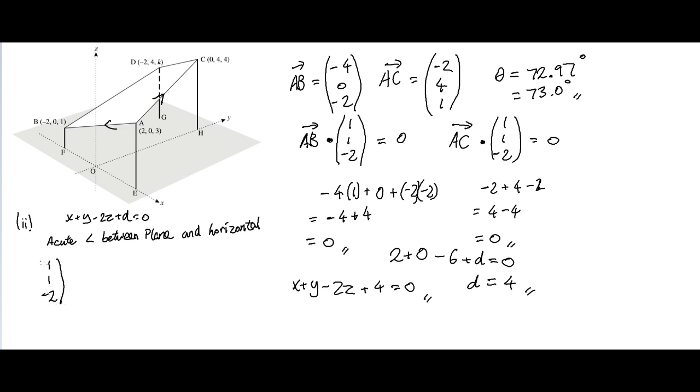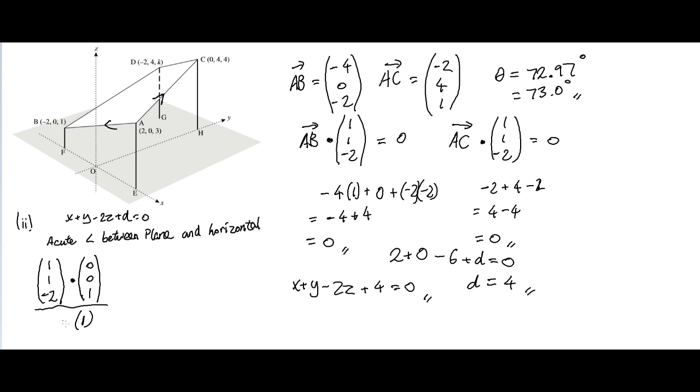So that's convenient. Dot that with the normal of the horizontal plane, which is just along z, so it is 0, 0, 1. All of that divided by the magnitude of it, so the magnitude of the normal vector of 1 is just 1, because it's 0 squared plus 0 squared plus 1 squared, all rooted.